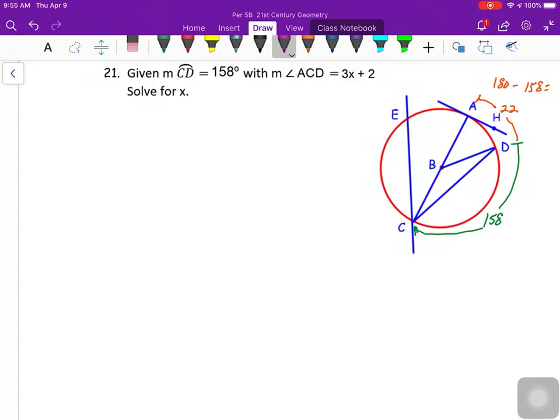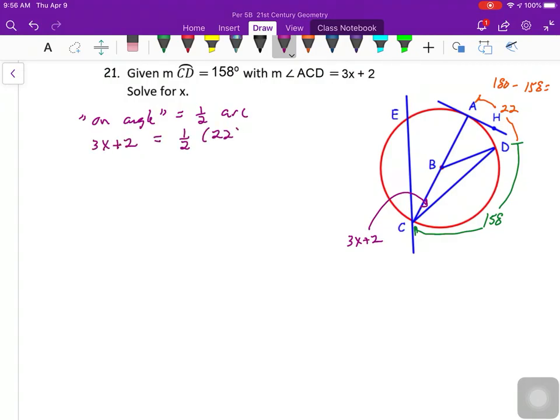Okay. And then they told us the measure of angle ACD was 3x plus 2. So this angle right here is 3x plus 2. Now, that's an inscribed angle.